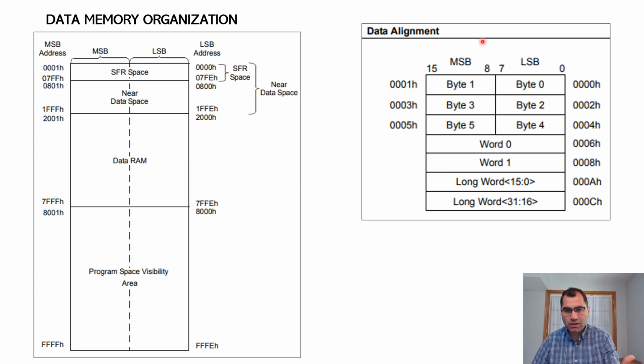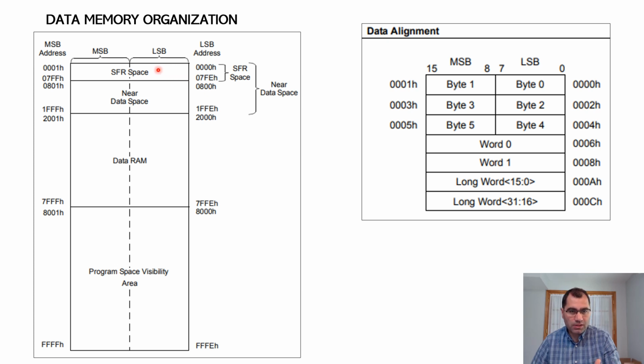Let's look at this figure on the right. As you can see, the addresses go from 0000 in hexadecimal, and then 0001. Think of a 16-bit word; when we say word, we mean 16 bits.